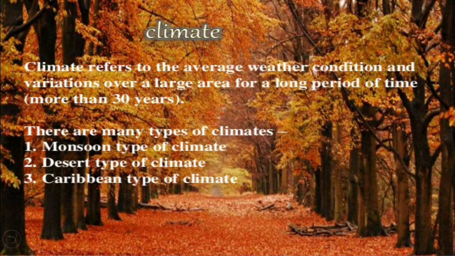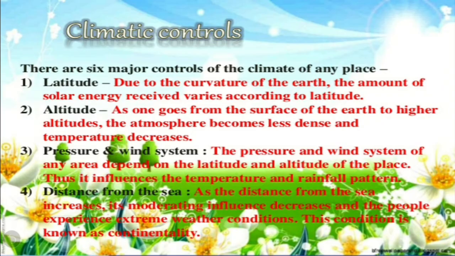It's a point of time, and here in climate it is a long period of time. And we know that there are many types of climates like monsoon type of climate, desert type of climate, Caribbean type of climate. Now children, do you know how this climate gets changed or how it is affected?